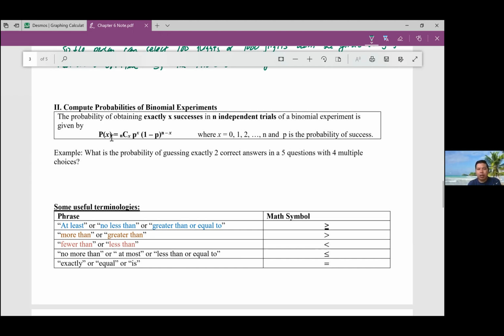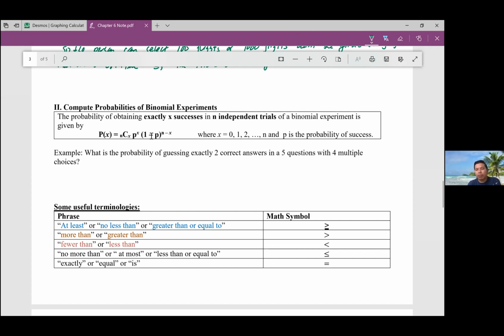The formula involves nCx times p to the power x, times 1 minus p to the power n minus x. So this is the formula for getting exactly x successes in independent trials.